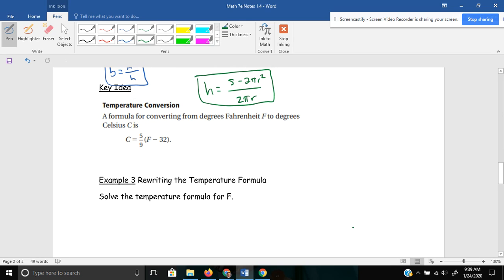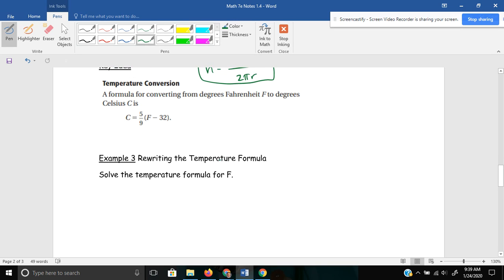Moving on to the key idea here. It says a formula for converting from degrees Fahrenheit F to degrees Celsius is C equals 5/9 times F minus 32. So this is a quick conversion to go from Celsius to Fahrenheit or vice versa.